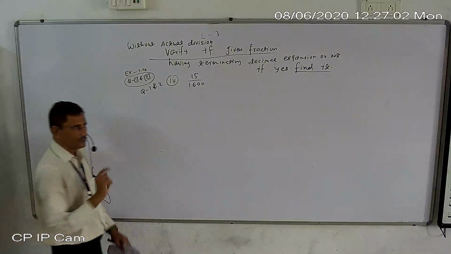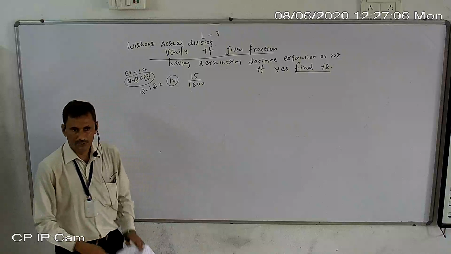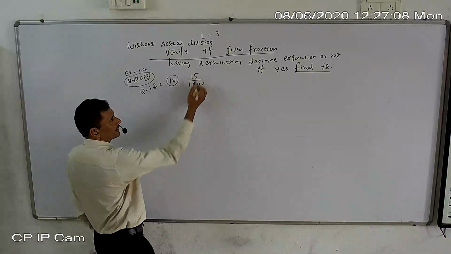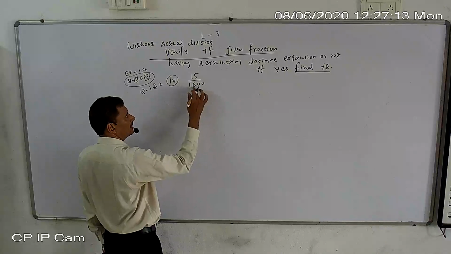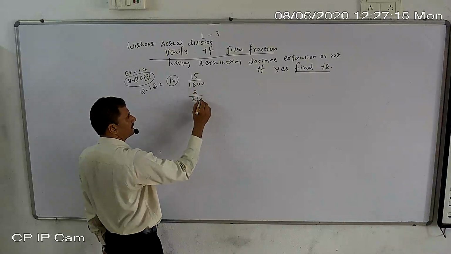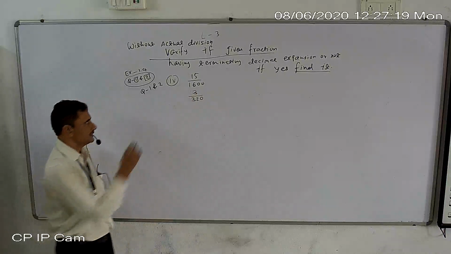First of all, I told you that fractions should be in simplest form. Here both are divisible by 5, so divide them by 5. 5 3s are 15, 1 left. 5 2s are 10 and 1 0 extra. So our fraction becomes 3 upon 320. Now this is our main fraction.